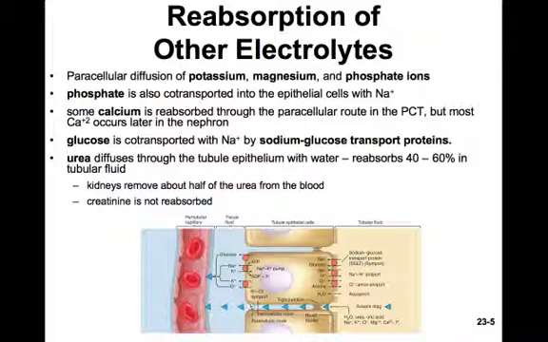We'll also see that phosphate is co-transported into the epithelial cells with sodium. Some calcium is going to be reabsorbed, again through the paracellular route, traveling with water. And we'll come back later and deal with more calcium as it's being reabsorbed later in the nephron.